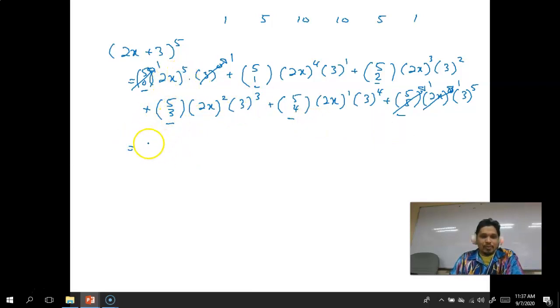2 to the power of 5, which is 32, x to the power of 5.